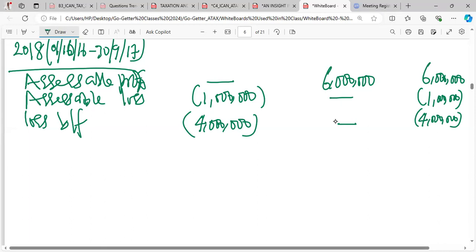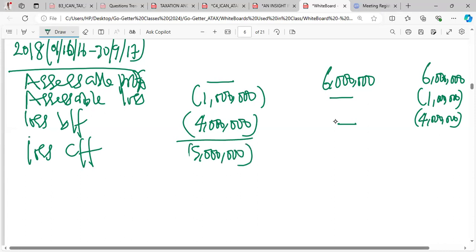So I'll come here, I'll say loss carried forward. It will now be 5 million that I'll be carrying forward. And here is dash.